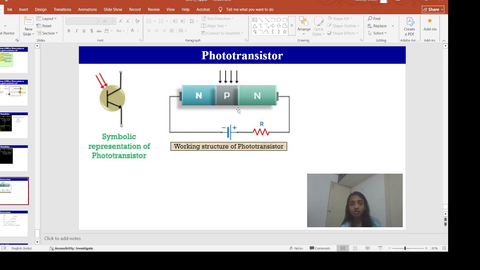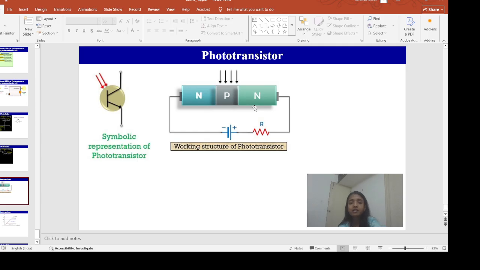This phototransistor almost looks similar to your normal NPN transistor, normal transistor operation. But the only difference is in the base layer. If you are considering an NPN transistor, the base layer, that is a P layer, is not connected to any external supply. In the P layer we are shining the light.